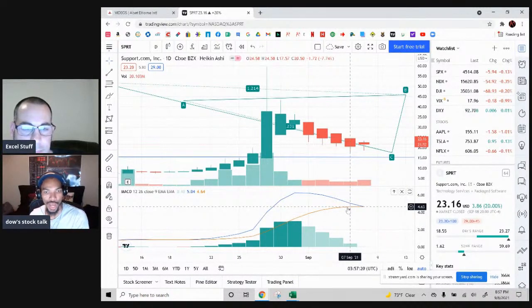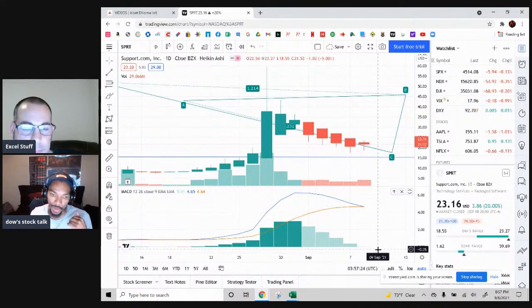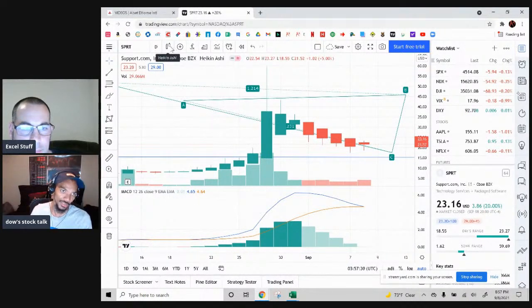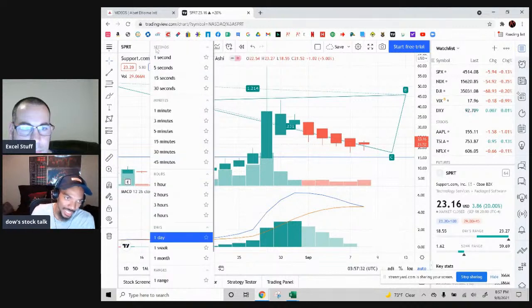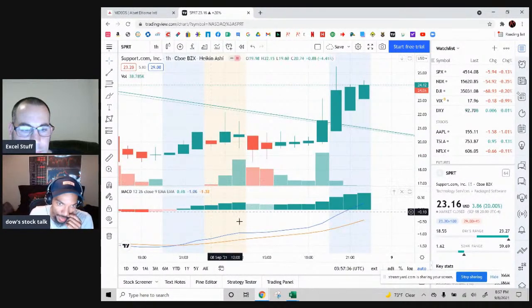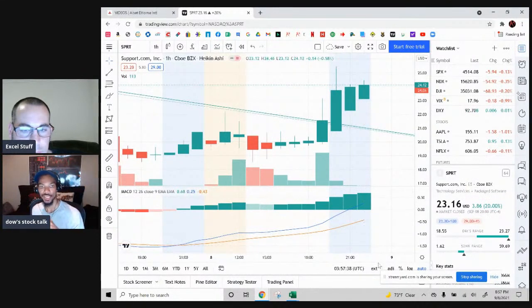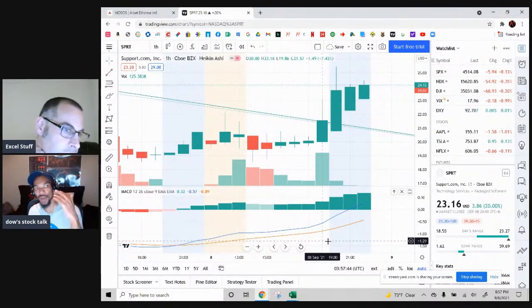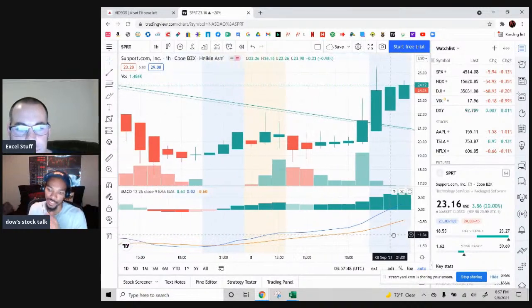Sometimes what I normally try to do, if I'm looking at the daily, is go to the 4-hourly to give me a heads up of how it's moving. When you're looking at the hour, it could suggest that it's a good buy, but when you switch from the hour to 2 hours, it can be completely different.